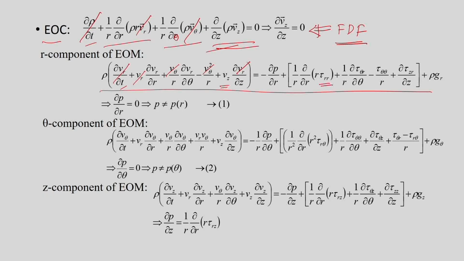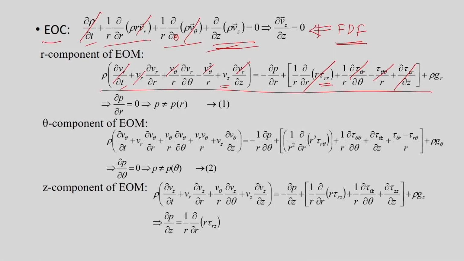Tau rr is a function of Vr only, and Vr is not existing, so this term is 0. Tau theta r is a function of V theta and Vr, both of them not existing, so this term is also 0. As well, by symmetry we can take off this term. Tau theta theta is a function of V theta only, which is not existing, so this term is also 0. And because of the fully developed flow condition, dou by dou z of tau zr is also 0.